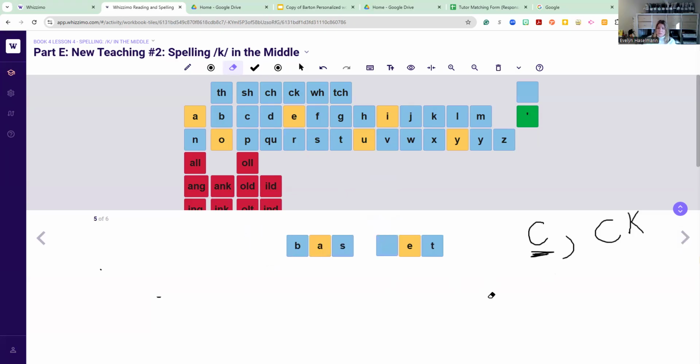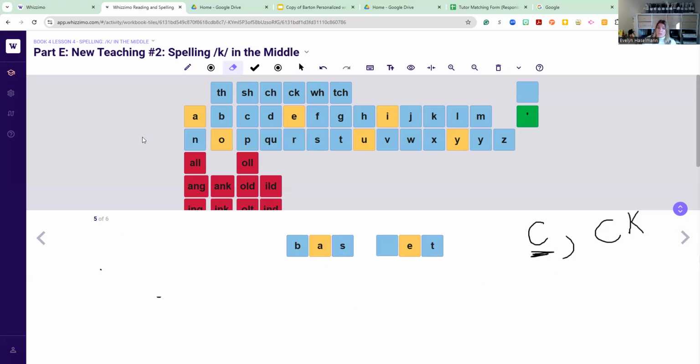Let's go to the next word, basket. Okay, now here's our issue. We know that we can't use a C because here's the watch out vowel. We also cannot use a CK because there's something blocking this sound. It's not touching that short vowel sound. Basket.